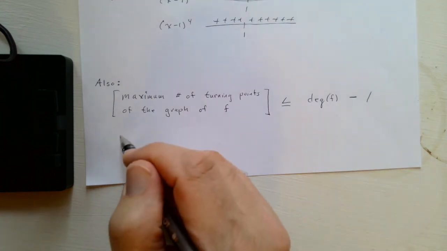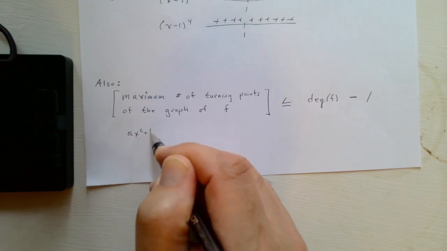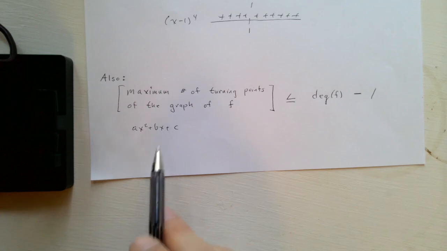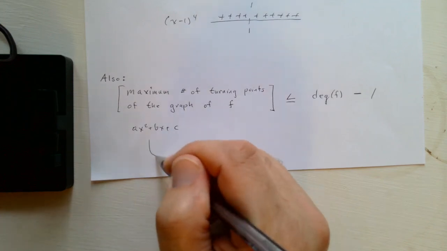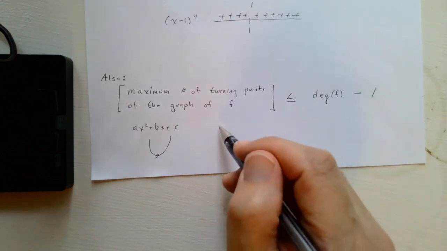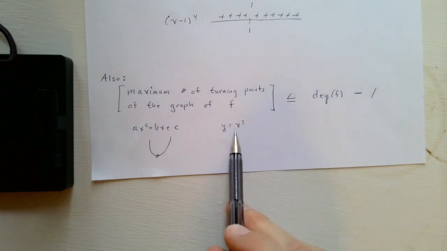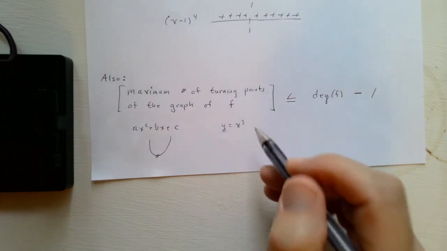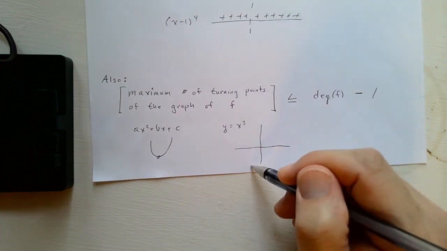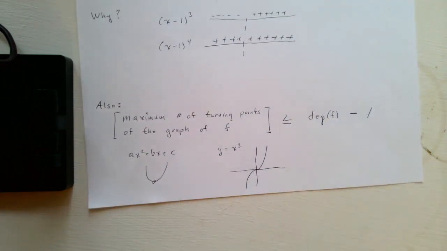Certainly if we have a quadratic function like this, the degree is 2, 2 minus 1 is 1, and every parabola has exactly one turning point, right? That's the vertex. Now, if we have something like y equals x cubed, this is a third degree polynomial, which means that the graph will have at most 2 turning points, but in fact, it doesn't have any, right? Because we know the graph looks like that.